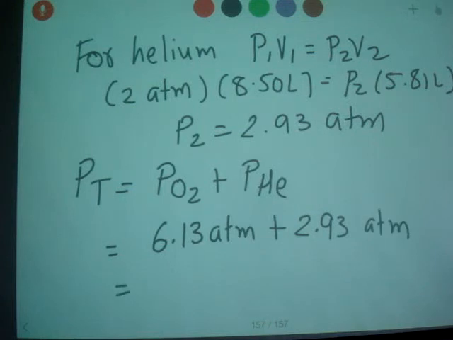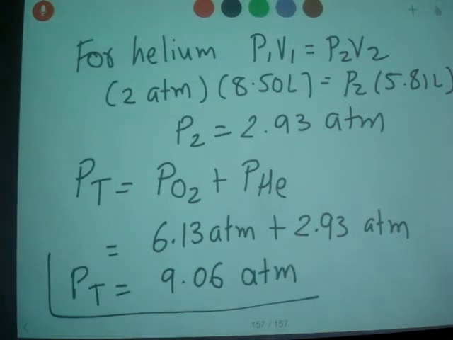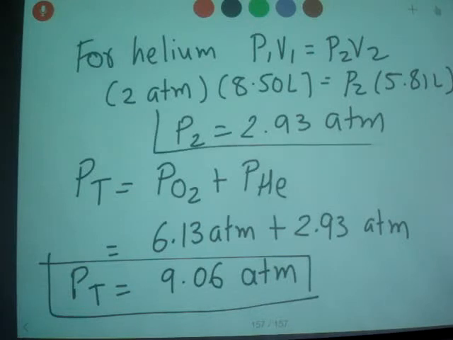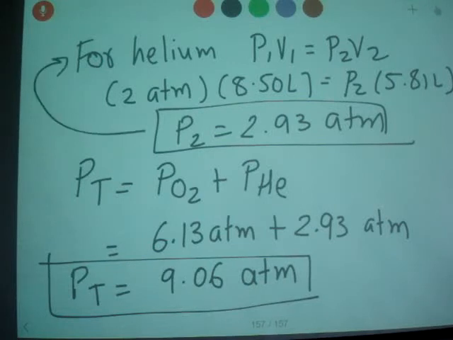When you add them, you get about 9.06 atmosphere. So the total pressure in that tank is 9.06 atmosphere. That way you can calculate total pressure, by adding them both together. Okay?